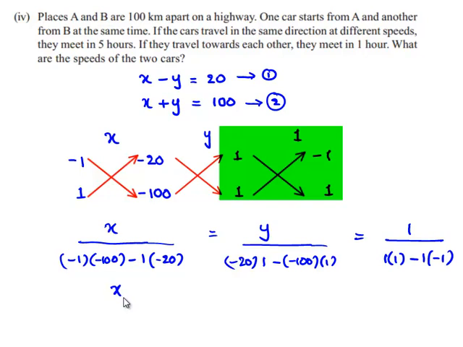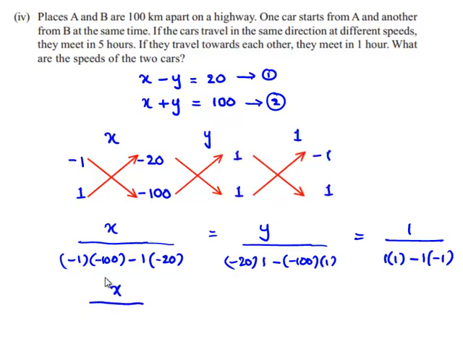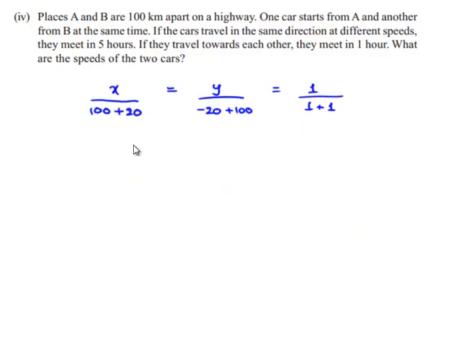This can be written as x divided by 100 plus 20 is equal to y divided by minus 20 plus 100 is equal to 1 divided by 1 plus 1. Now this becomes x divided by 120 is equal to y divided by 80 is equal to 1 divided by 2.